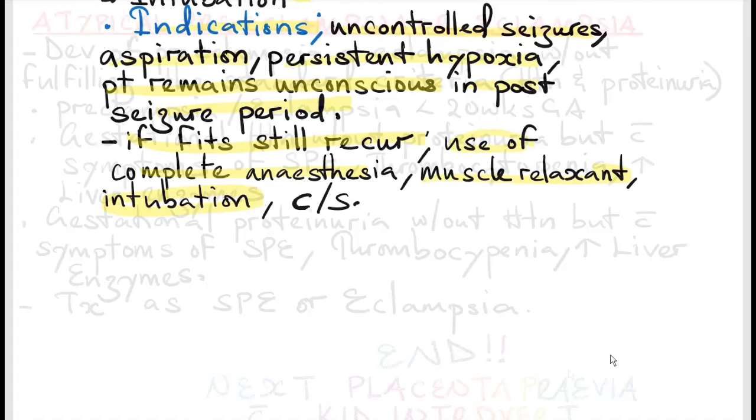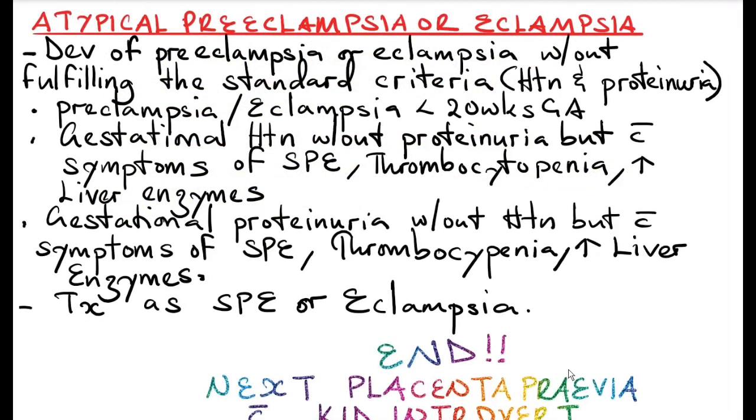In some situations, you have atypical preeclampsia or atypical eclampsia. This is development of preeclampsia or eclampsia without fulfilling the standard criteria, which is hypertension and proteinuria. These scenarios are preeclampsia or eclampsia less than 20 weeks gestational age. This is common in a molar pregnancy or in twin pregnancy.